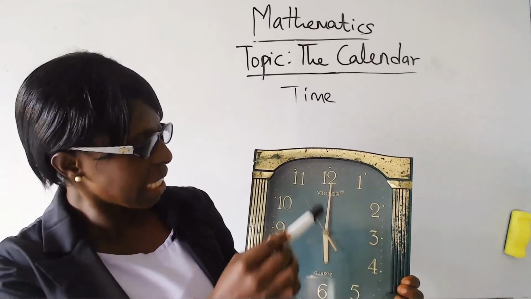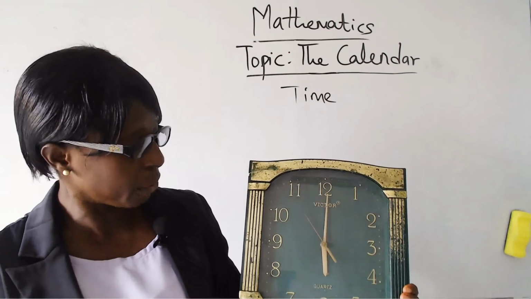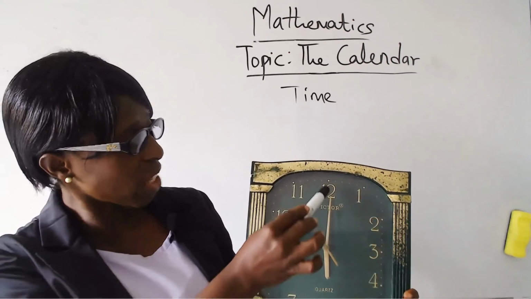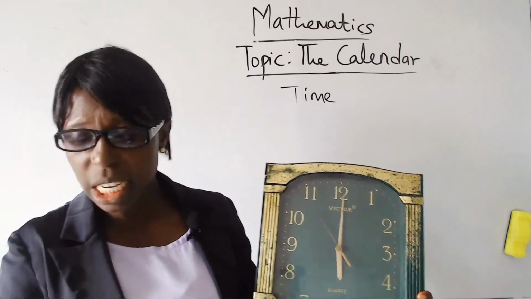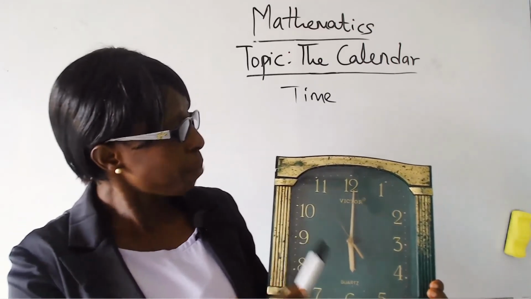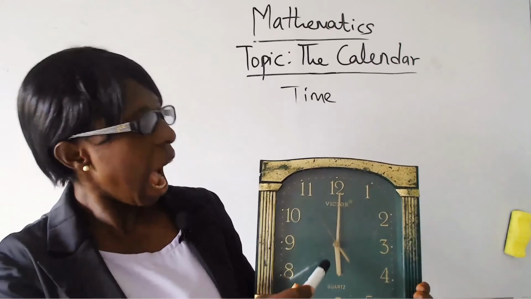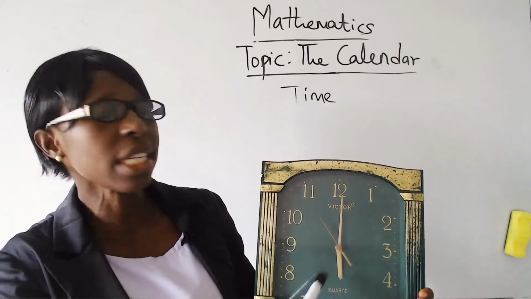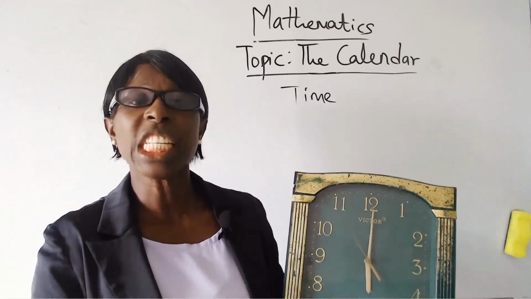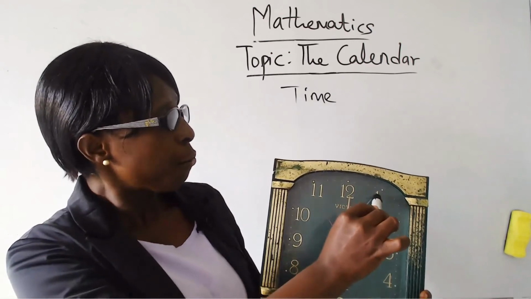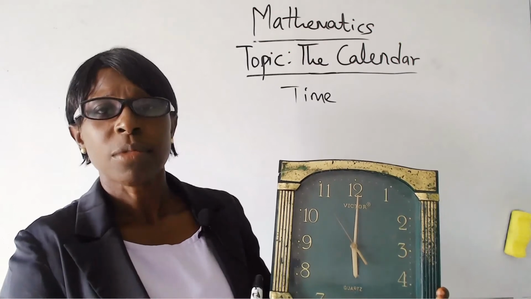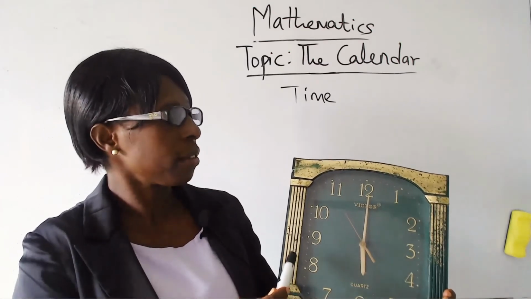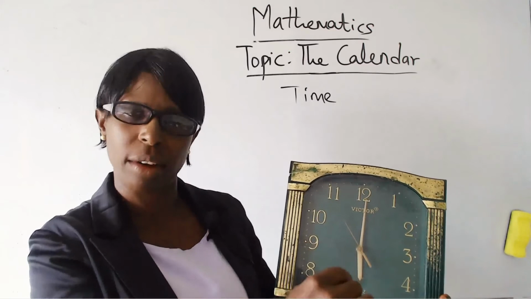If the long hand, which is the minute hand, is pointing at 12, and the short hand, which is the hour hand, is pointing at any number from 1 to 12, it is that number o'clock.